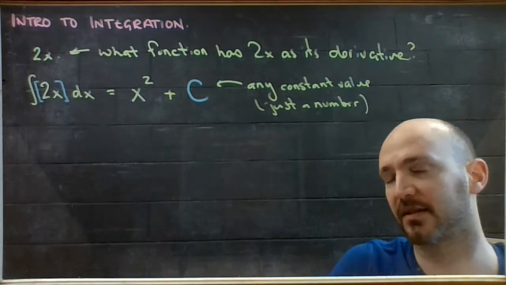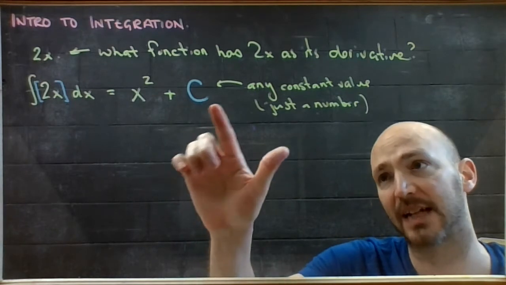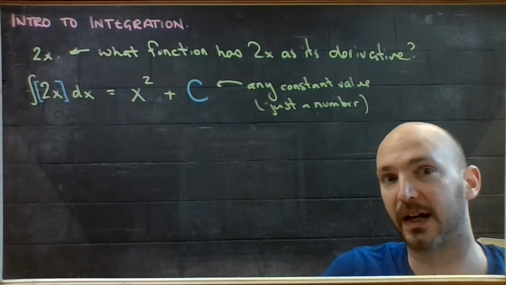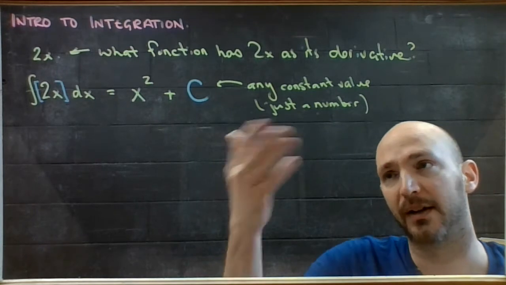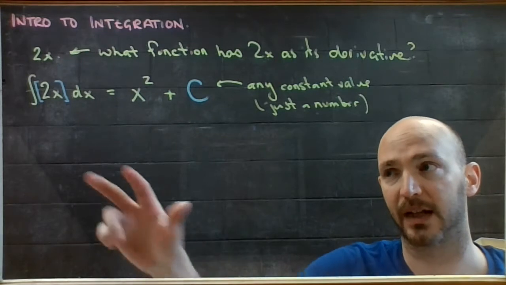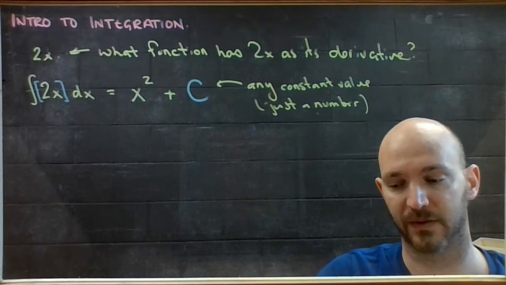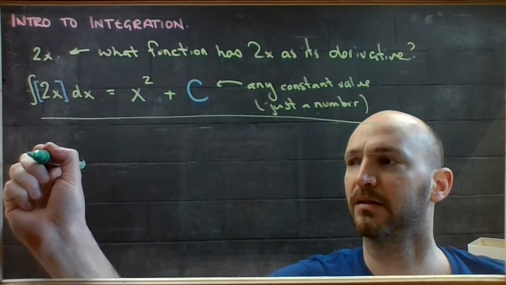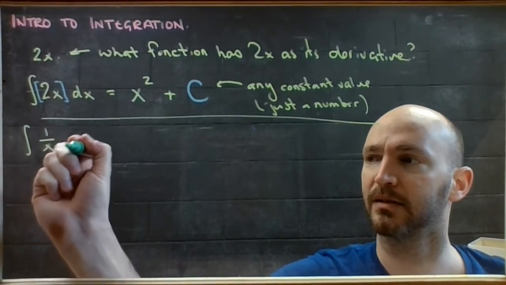So since we're just undoing the derivative here, there is no context for the problem, so we're just going to tack this number on the back to acknowledge that it could be there, and that we might have to figure it out later when it's time for applications. So this should be pretty straightforward. I'm just using this video on this topic as an introduction to the notation and the idea that we're trying to undo derivatives. So the next example we'll try then would be the integral of 1 over x dx.